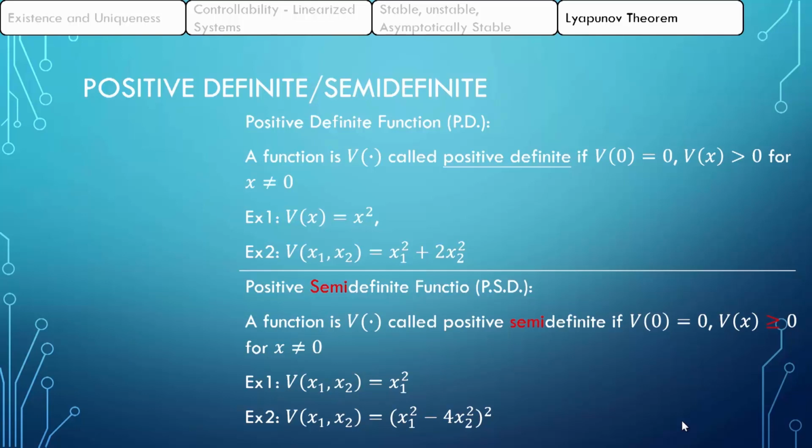So here we define what is a positive definite function, and what is a positive semi-definite function. For the positive definite function, it implies any function which is a scalar-valued function, not a vector function. Anyone know what is the difference between a scalar function and a vector function?